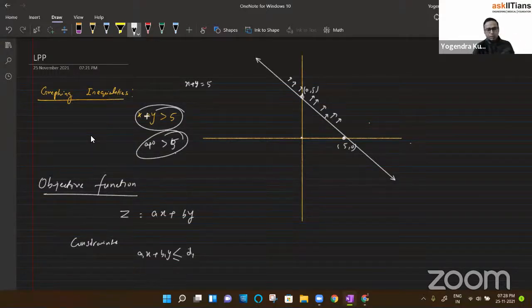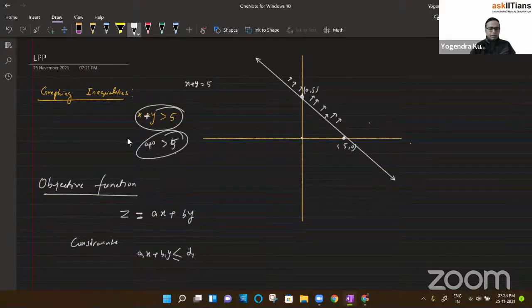I hope everyone knows that. This is the mathematical form of our linear programming problem, where a paragraph will be given, and from that we need to formulate it, to maximize or minimize. I hope everyone is aware of that.